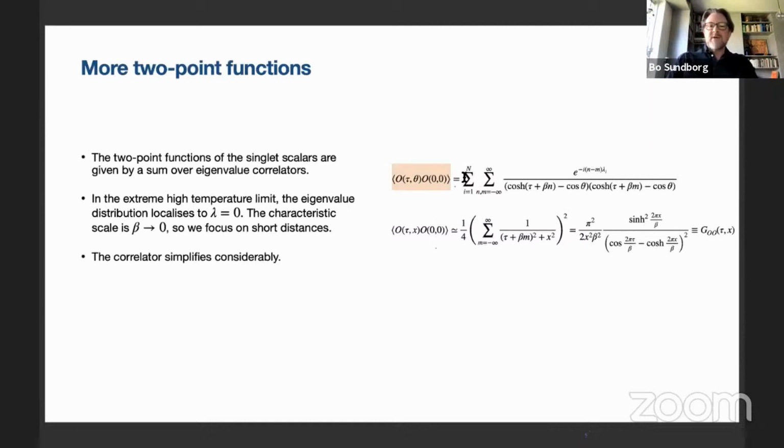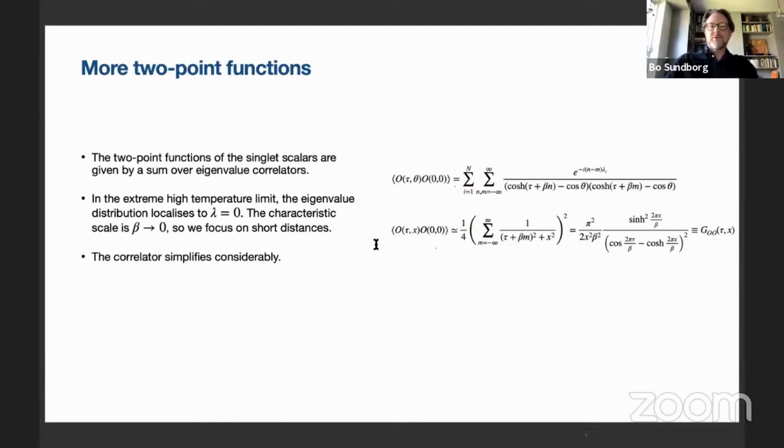As you can see here, it is given by a sum over eigenvalue contributions. In the extreme high temperature limit, as I mentioned, this distribution is focused at lambda equals 0, and it's very easy actually to calculate it like this.